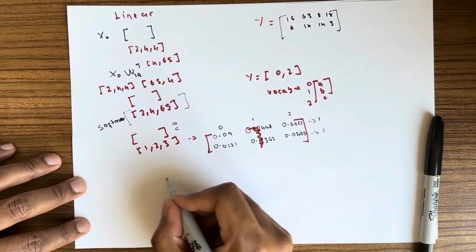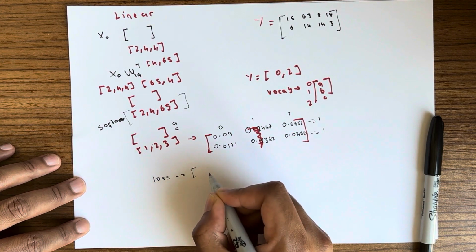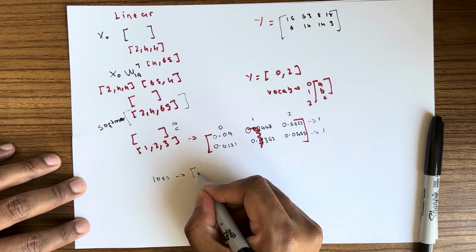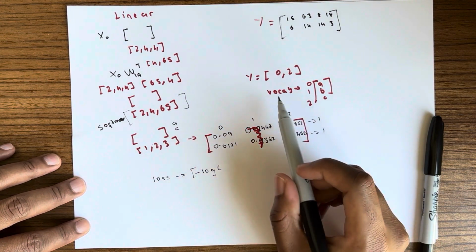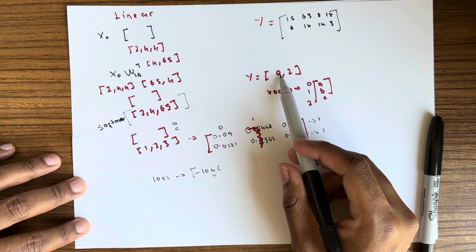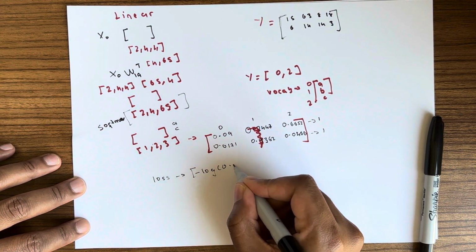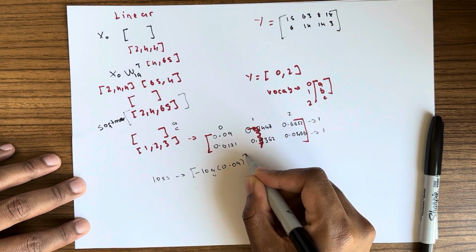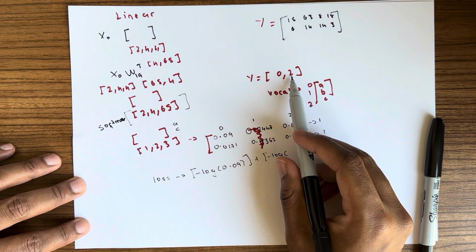The next thing that we need to do is to compute the loss. To compute the loss, we're going to apply the cross entropy loss. We're going to say minus log of, well, in here we have 0, so we're going to look at index 0, which is 0.09, plus minus log of, in here we have 2.